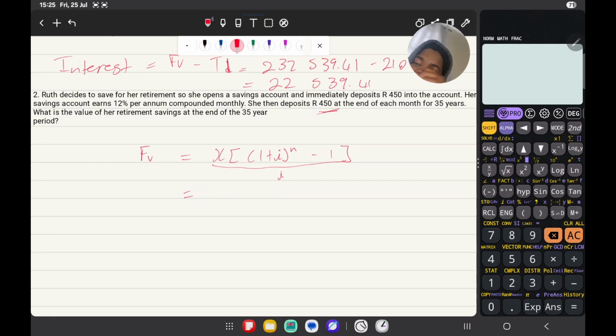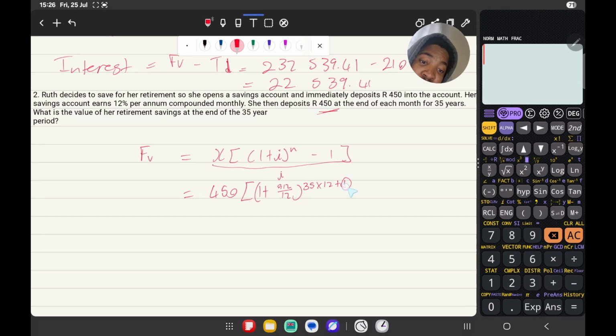So that's why here you would have that 450, right, times 1 plus the interest, which is 0.12, divided by 12, and then here it's gonna be 35 times 12, for each period at the end of the month, plus the money she did put there in the beginning immediately.